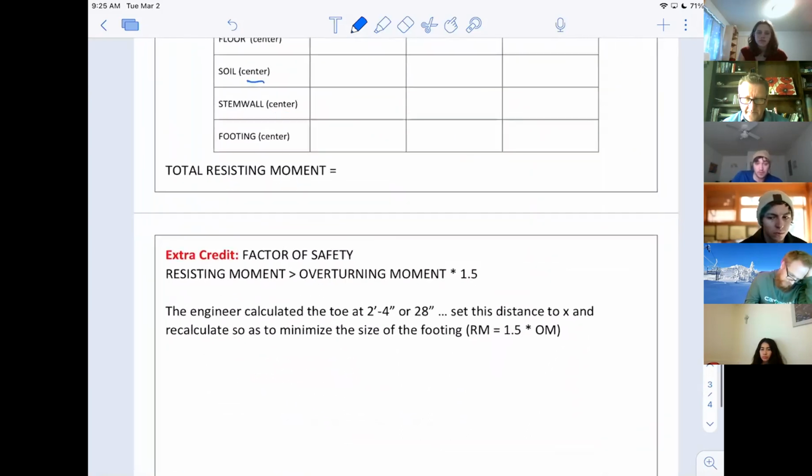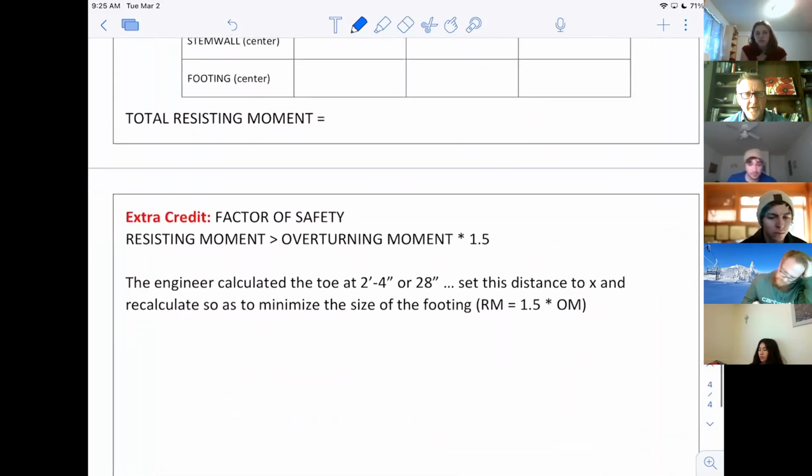Extra credit down here. It turns out that engineers design a factor of safety into this, and that factor of safety for a house, or for just one person, if you will, is 1.5 times.